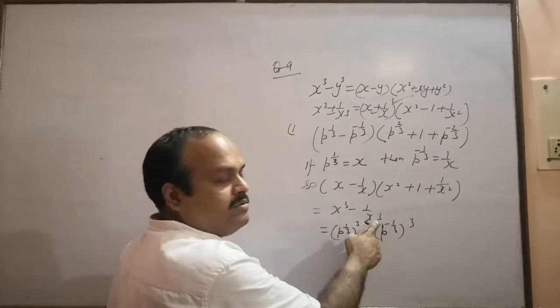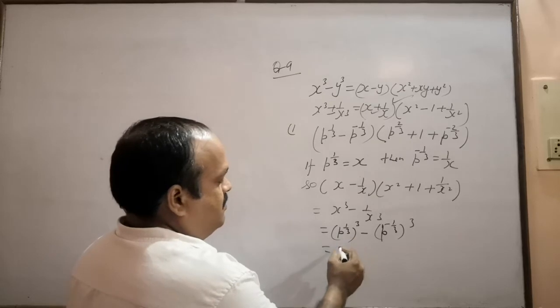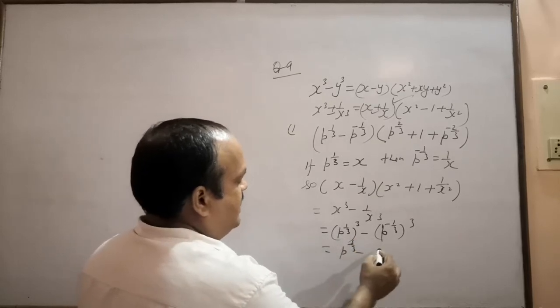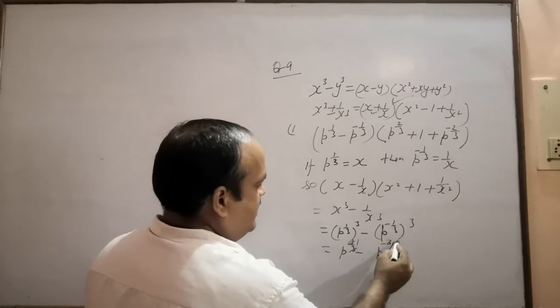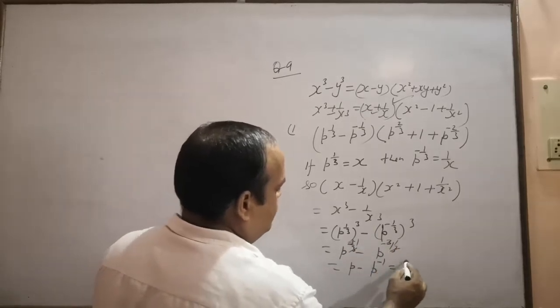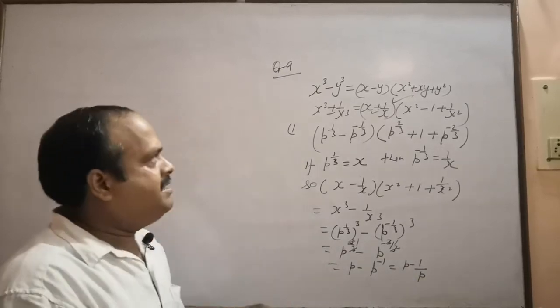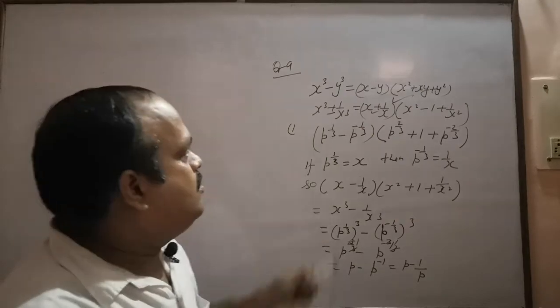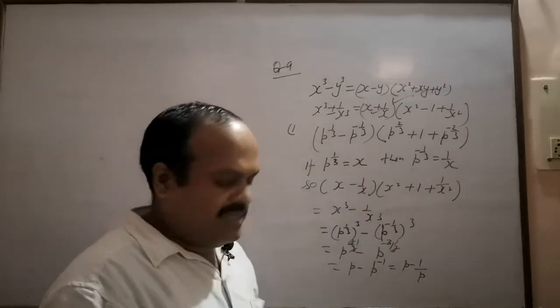This is cube, so write here power cube. p to the power 3 by 3 minus p to the power minus 3 by 3, 3 cancel, 3 cancel, so we get p minus p to the power minus 1, which will become p minus 1 upon p. So the product of this one will be p minus 1 upon p.